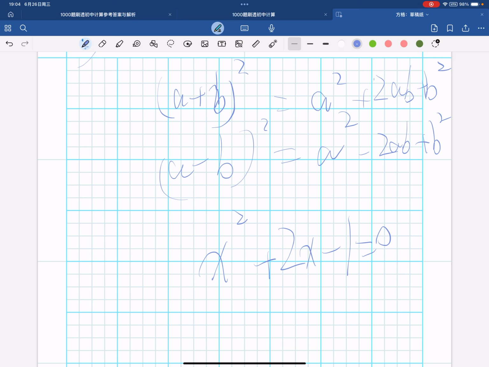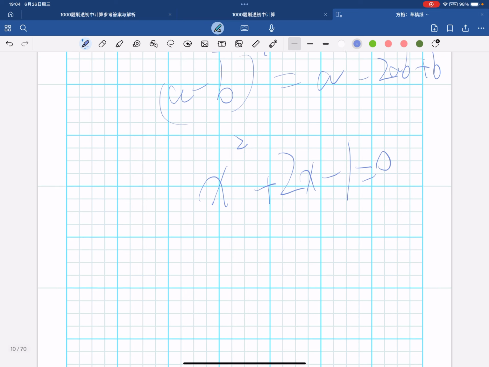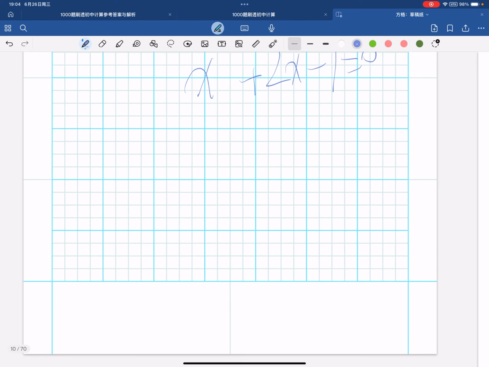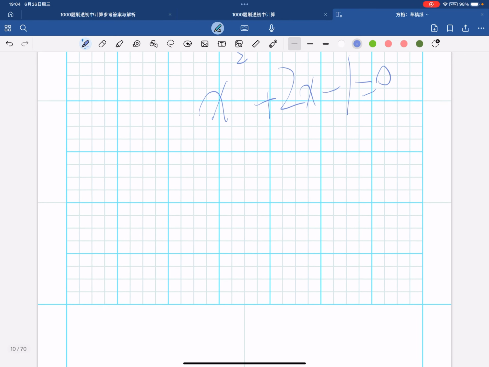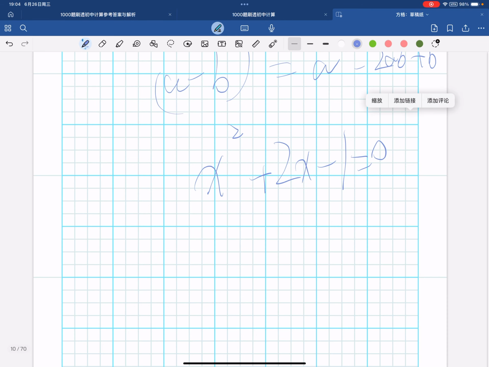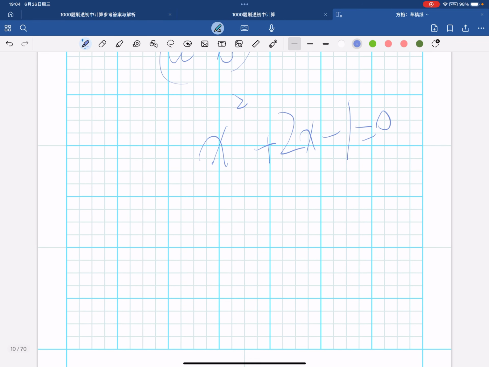If you didn't learn factorization before, you may think to add each term and 1 and calculate, and it became this, and minus 2x, x squared equals 1 minus 2x. And then you'll realize it can really be calculated.